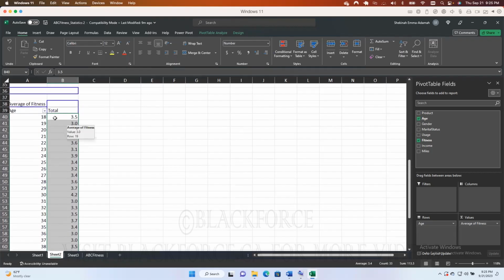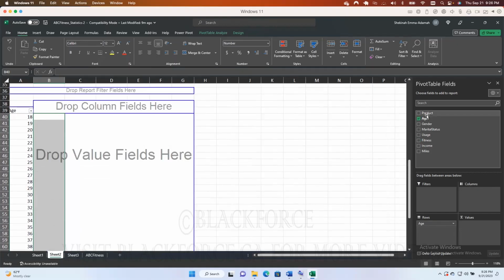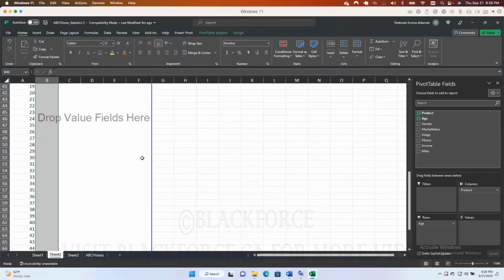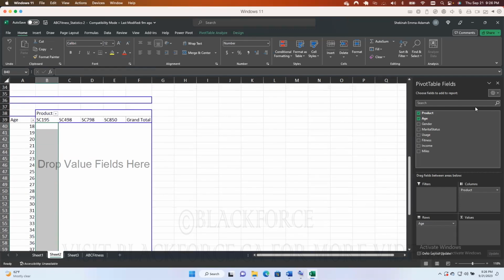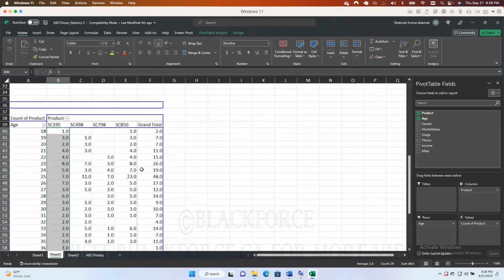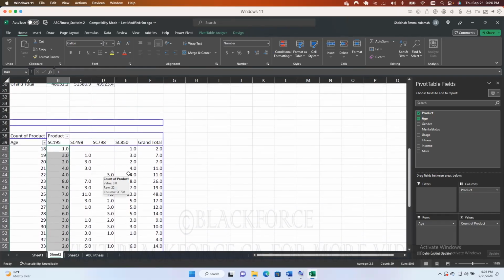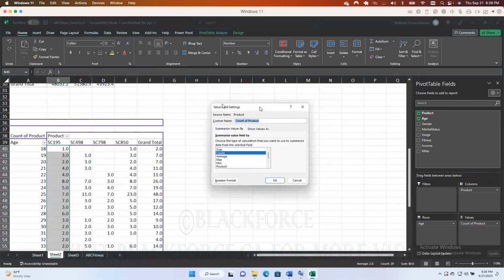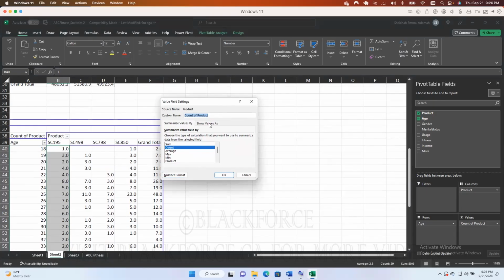Okay. To do that, what we can do is we can take out fitness first. I can put models in the column. So product and product count. Right. So this was the one you were looking to make as percentage. There's somewhere to change this percentage of row.